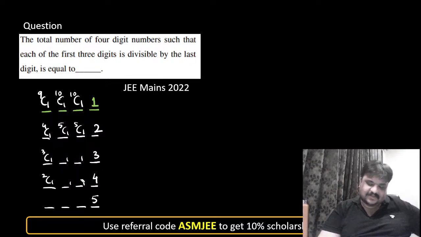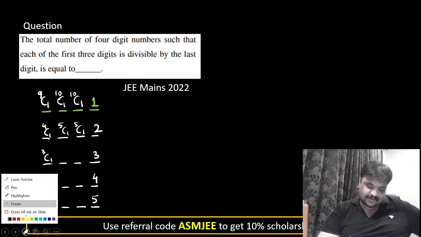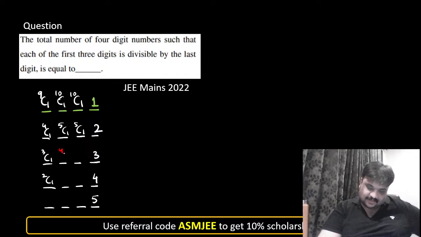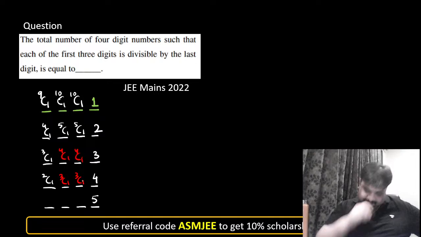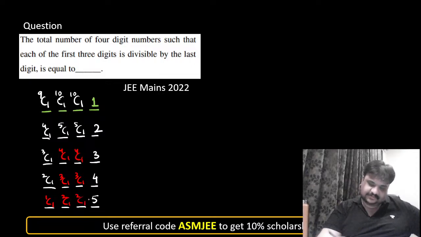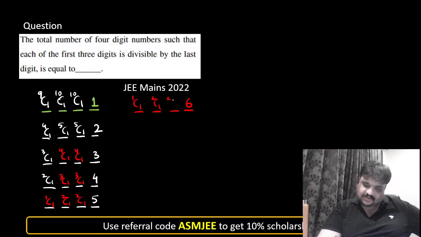Let's consider 0 as divisible by every number. 4C1, 4C1, 3C1, 3C1. 1C1, 2C1, 2C1. 6: 1C1, 2C1, 2C1. 7: 1C1, 2C1, 2C1.